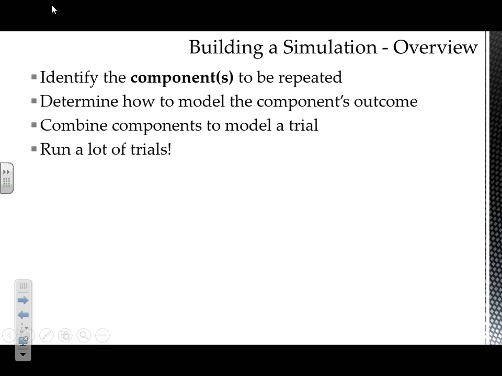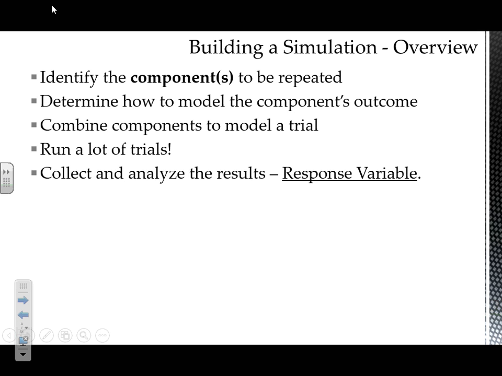So run enough so that you can get the most accurate description of what's going to happen with this random phenomenon. At the end of each trial, make sure you collect and analyze the results. Look at your response variable. What are you trying to measure overall? So make sure you're keeping track of everything as you go throughout each trial so that at the end you can bring it all together and figure out what value your particular response variable takes on.